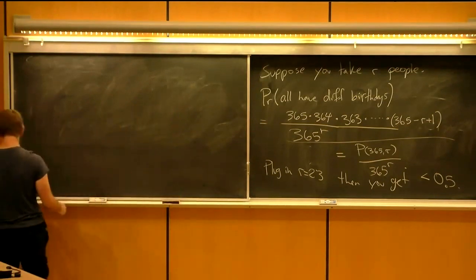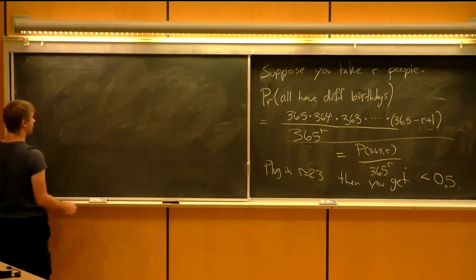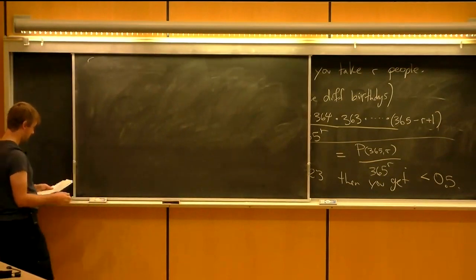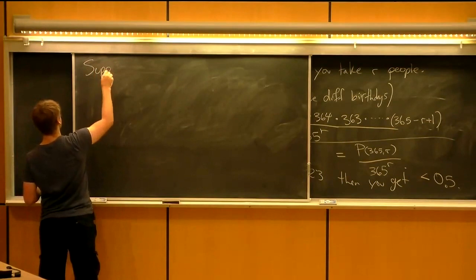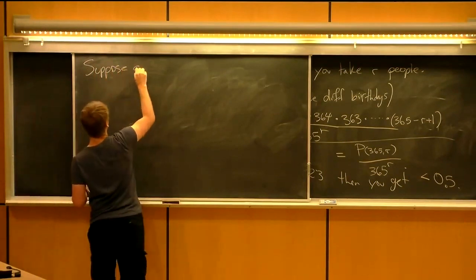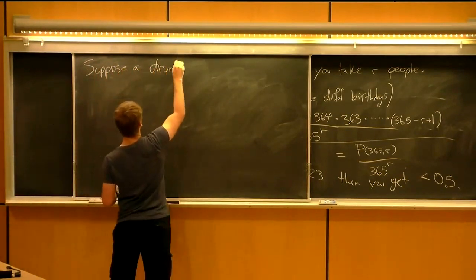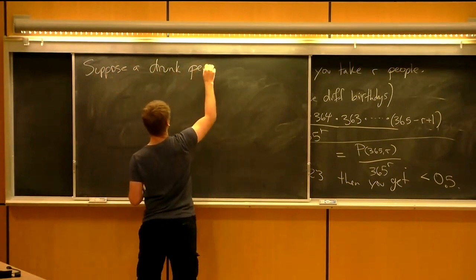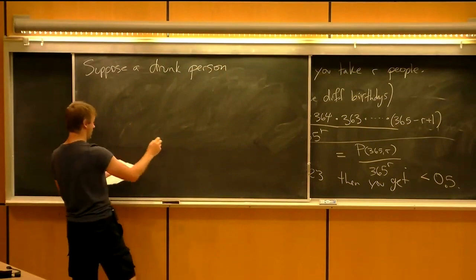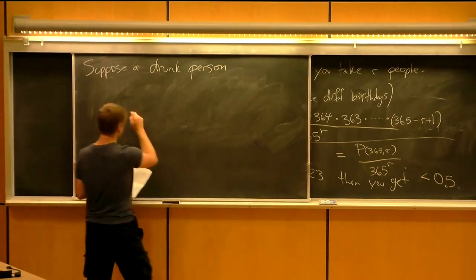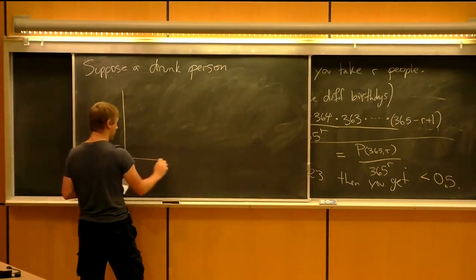Let's do another example. So suppose a drunk person, so this is going to be one of these problems where we're walking in a grid.